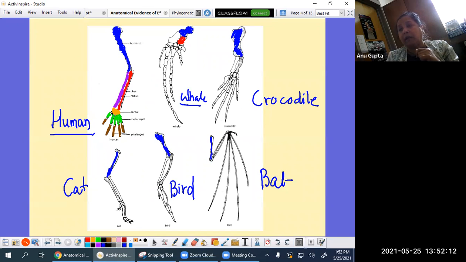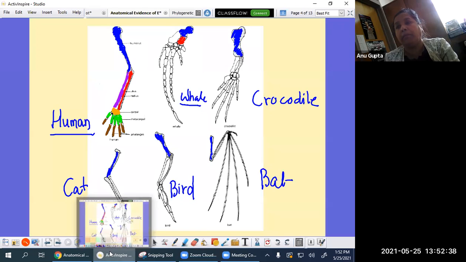For example, look at this one. For the whale, the ulna and the radius are so small compared to the human or the cat or the bird or even the bat. The whale has the very small ulna and radius, followed by the crocodile. So their basic plan is the same, but the size and the shape vary.